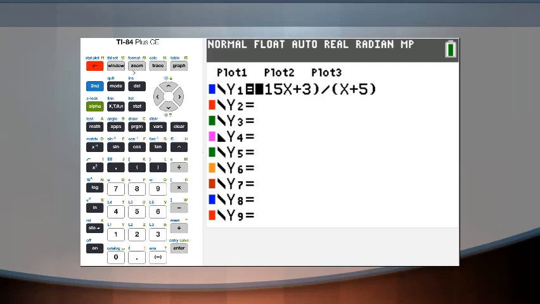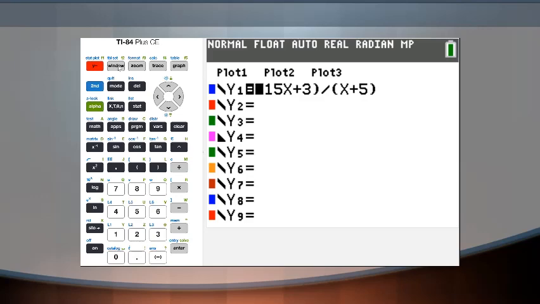Now, we are anticipating a vertical asymptote at -5, where x equals -5, and a horizontal asymptote where y equals 15.